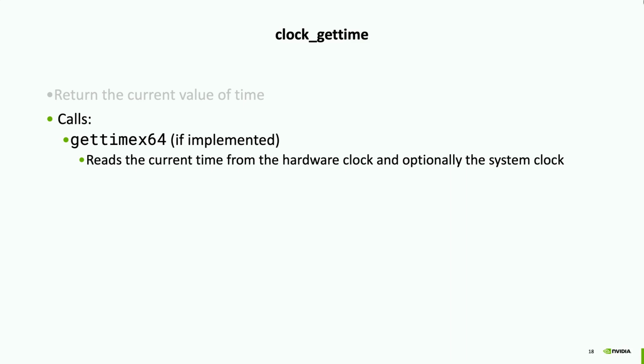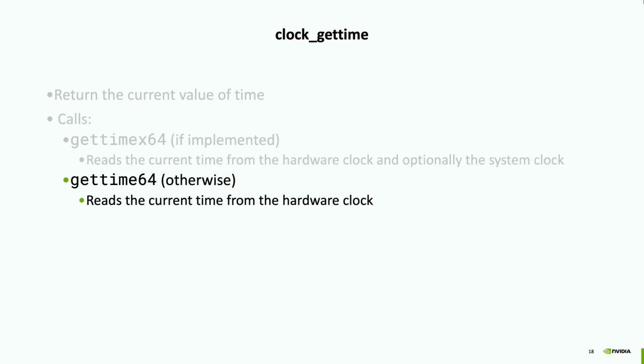The same function can be called here, and then it will not return the system clock. It will just ignore the system clock and just get the value of your clock. And the legacy functionality is the get time, which is just returning the value of the clock without the system time reads around the read of your clock.